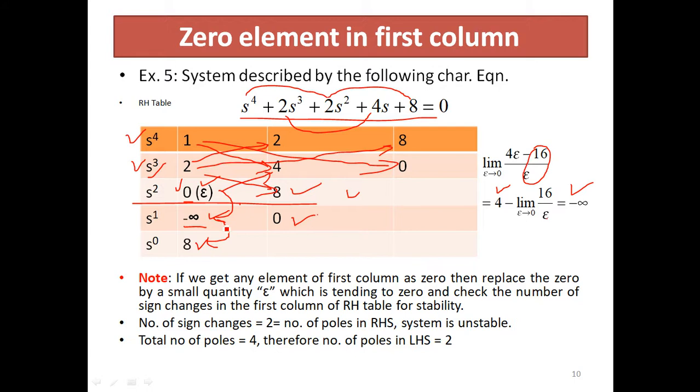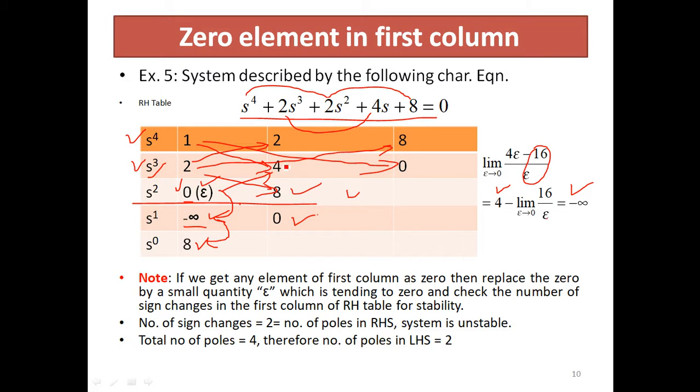According to the Routh-Hurwitz criterion, the number of sign changes is equal to the number of poles lying in the RHS of the S-plane. Therefore, the system is unstable.